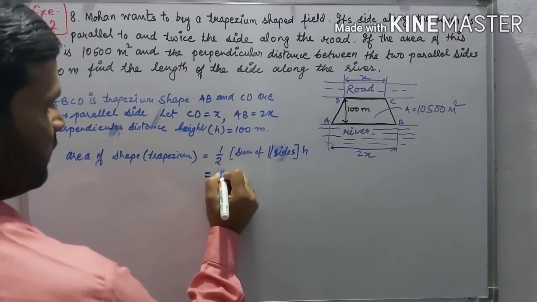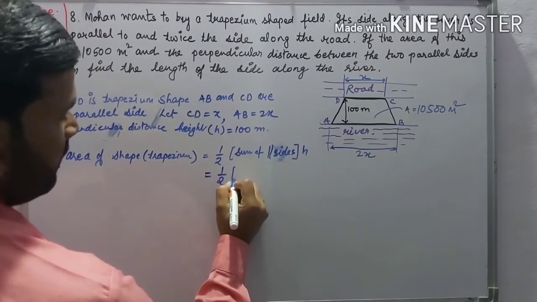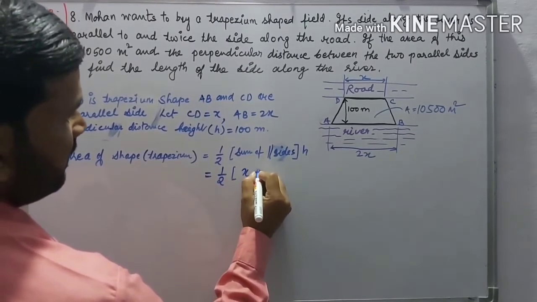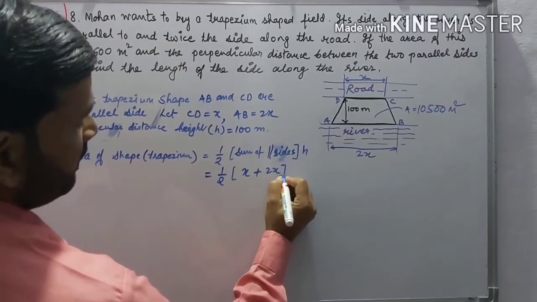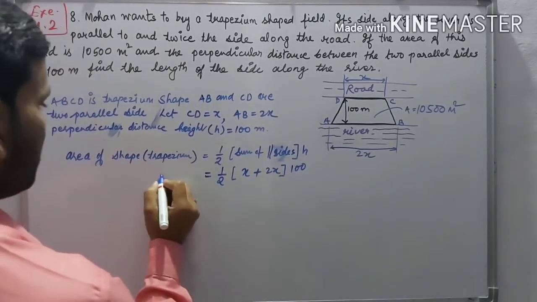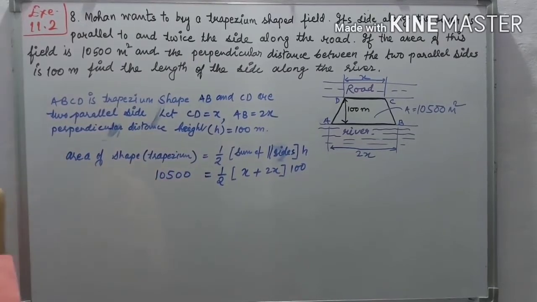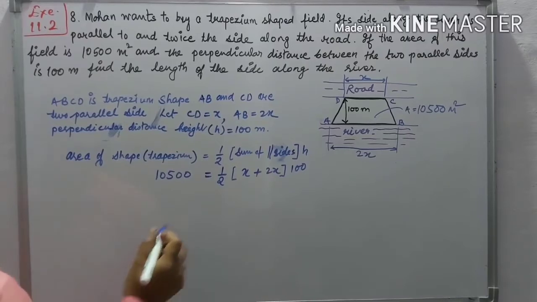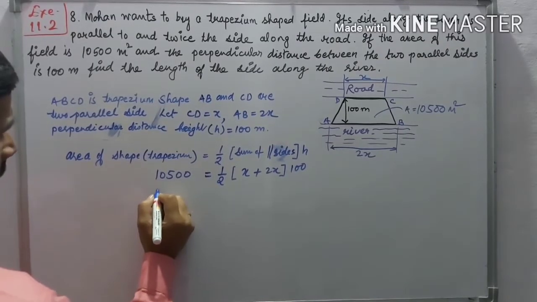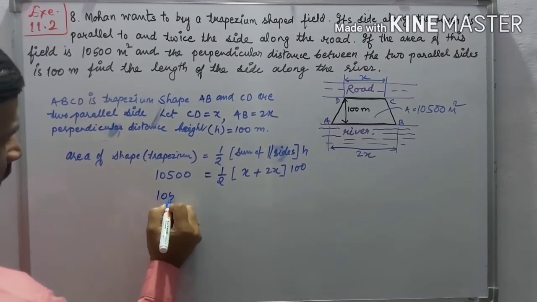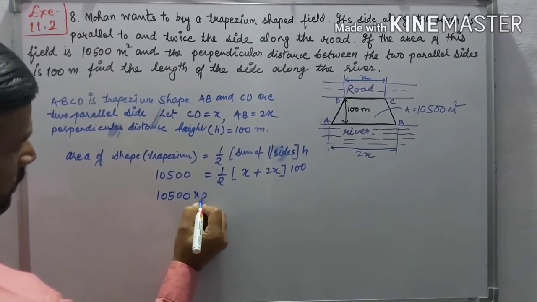Now put the values: 1/2 into (x plus 2x) into 100, and the area of the trapezium is 105000. Now solve: 1050 into 2.